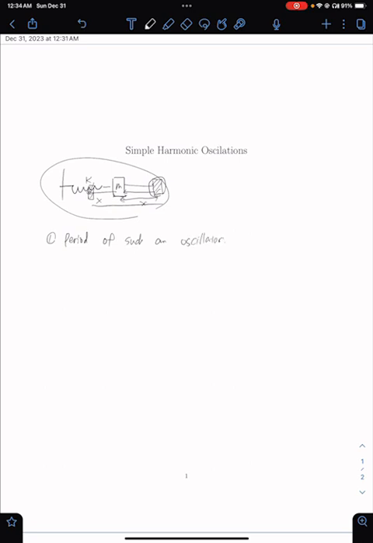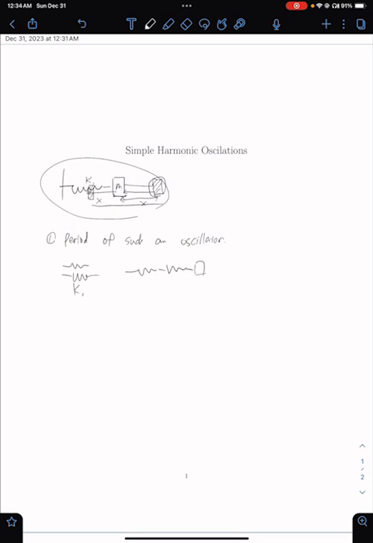Now, when we think about a spring, we know its spring coefficient, which is mostly denoted as k, but there's a lot of different things we can do with springs. For example, we can have two springs instead of one. We can attach two springs together in series and have a block attached and make this an oscillator.